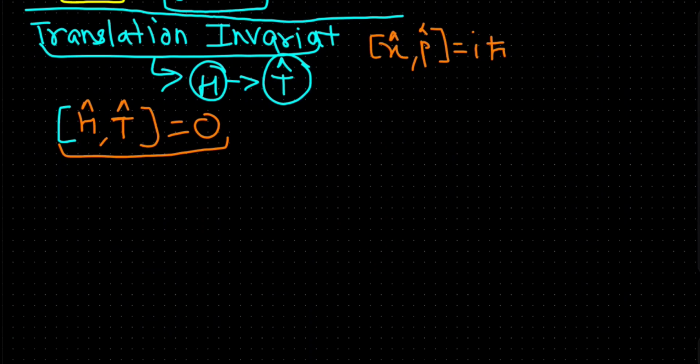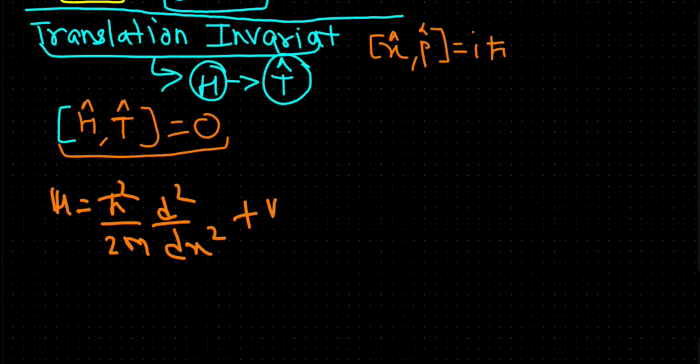So here your Hamiltonian commutes. Your initial Hamiltonian is minus h bar square divided by 2m d square by dx square plus V of x.